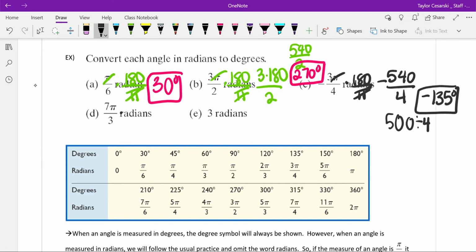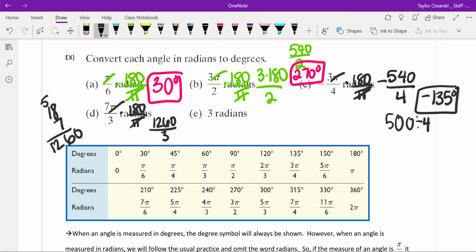Alright, 7 pi over 3 times 180 over pi. So 180 times 7 would be, I think that's 12 something. Seven times 8, 1260 divided by 3.